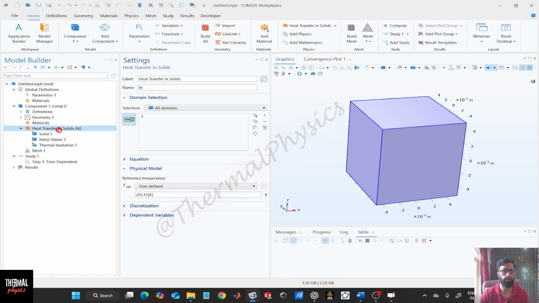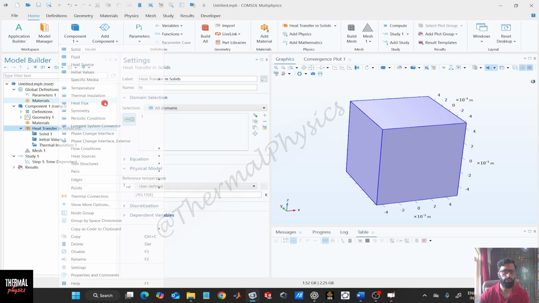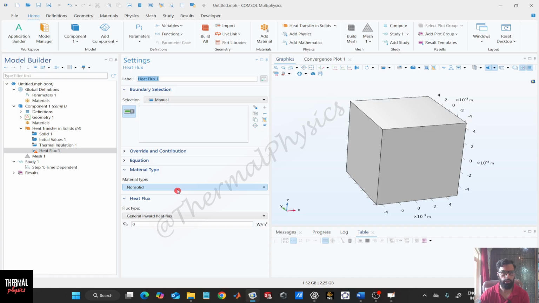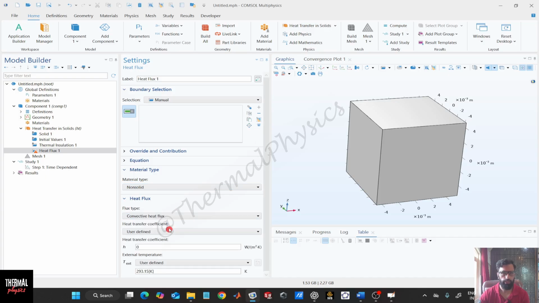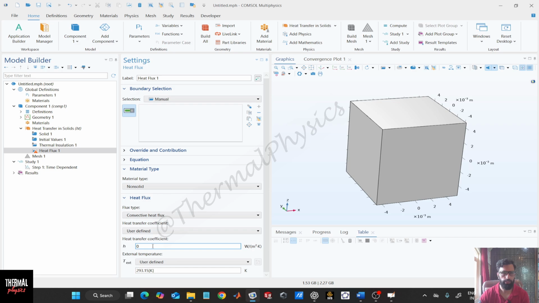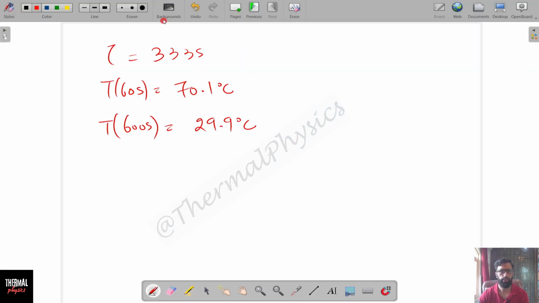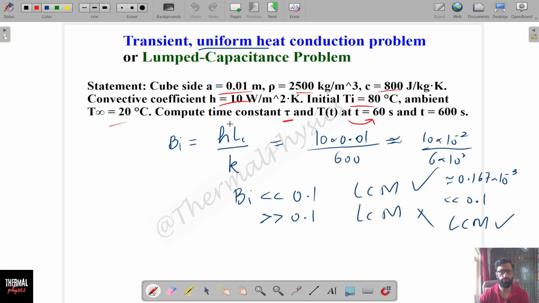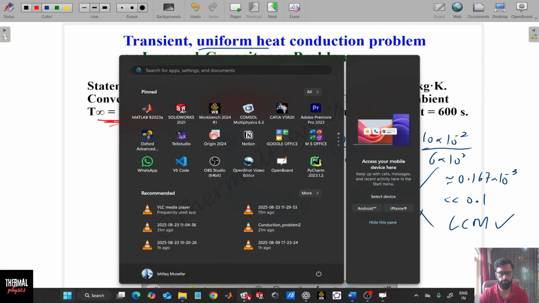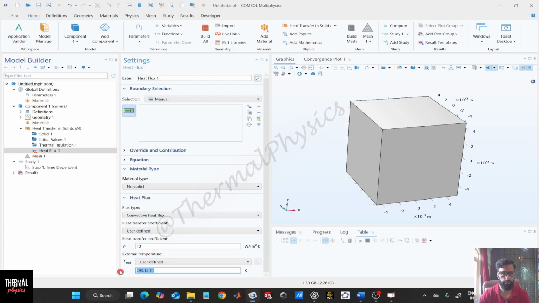So we choose the convective heat flux boundary condition, in the heat flux. H according to the problem is 10, which we can confirm from here. Okay, H is 10 and ambient temperature is 20 degrees Celsius.